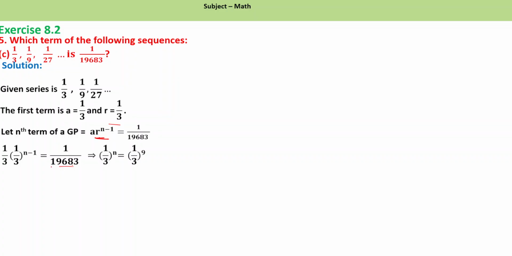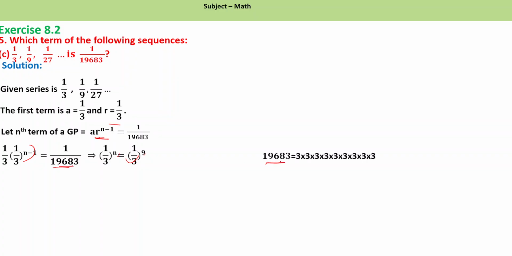So, 1 divided by 19,683 is equals to 1 by 3 whole power 9. So, here 1 by 3 whole power n is equals to 1 by 3 power 9. As the base is same, the exponents should be equal. Therefore, n is equals to 9.